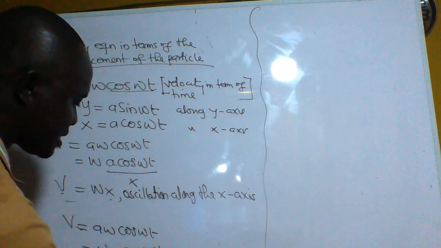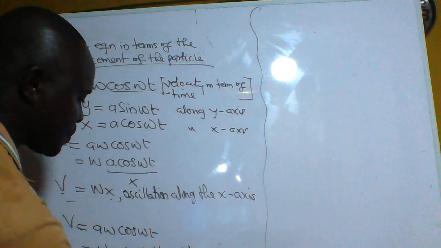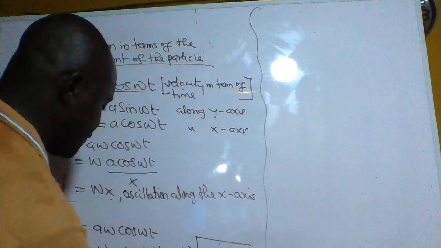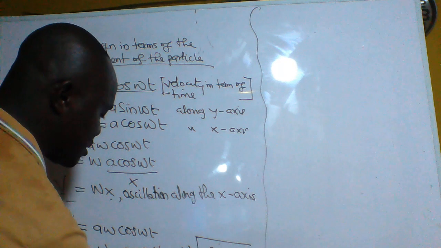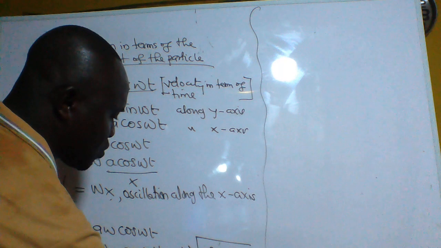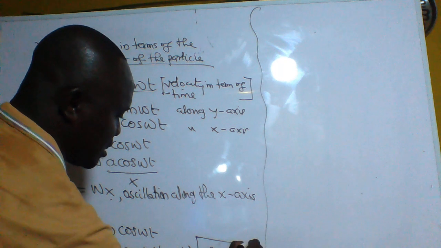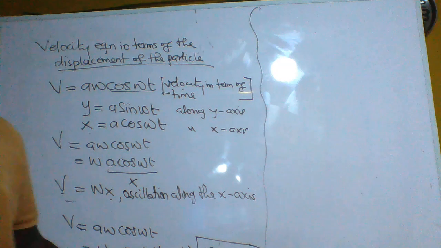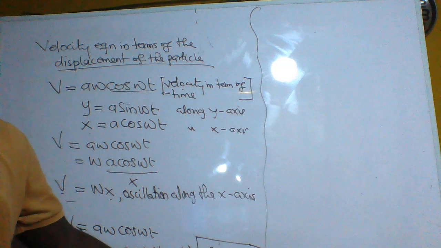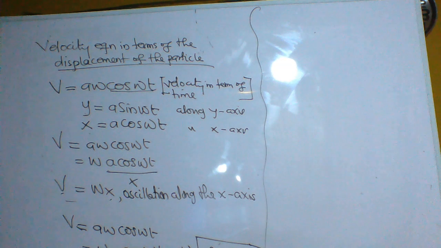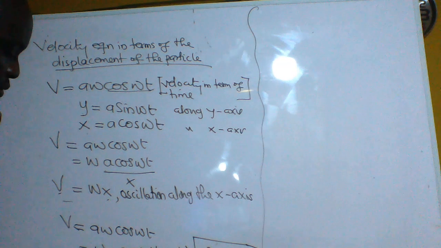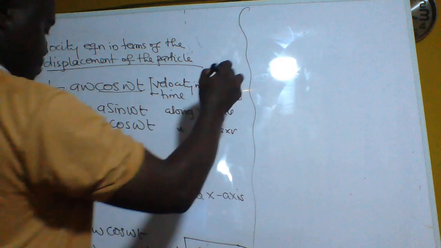We can have this as omega times the square root of A squared cos squared omega t, because when we take the square root of this, we come back to the same thing. Let me rewrite it on top.